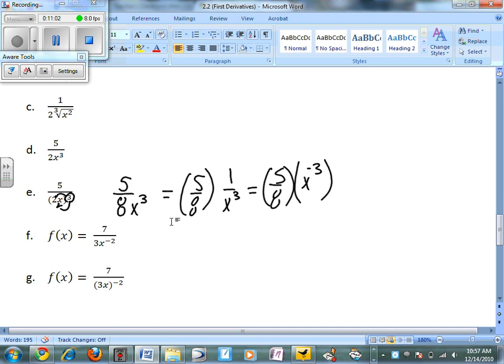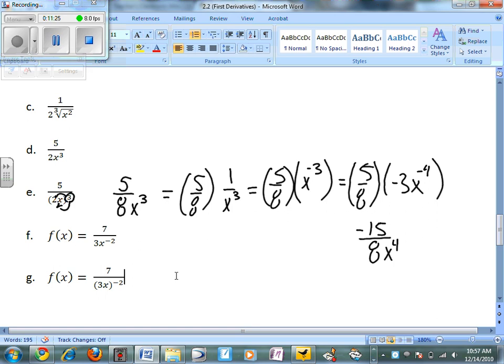Take the derivative of x to the negative 3, so I'm going to have 5/8 times negative 3 x to the negative 4. Now when I multiply, I'm going to have negative 15 over 8 x to the negative 4, and I bring that down to the bottom, it turns into a positive.